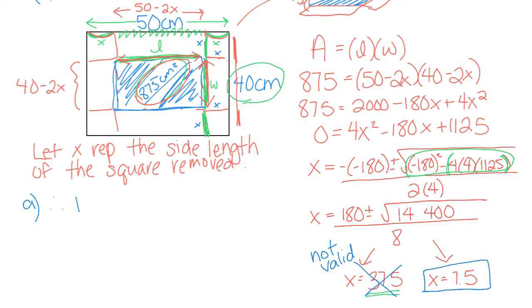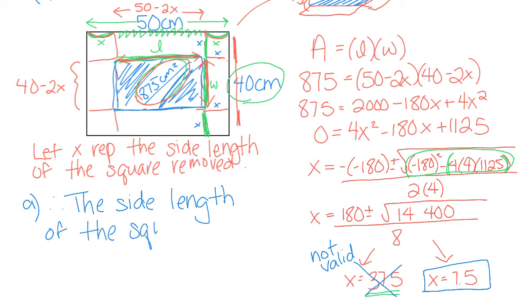So therefore, the side length of the square removed is 7.5 centimeters.